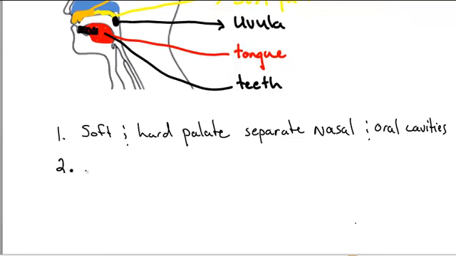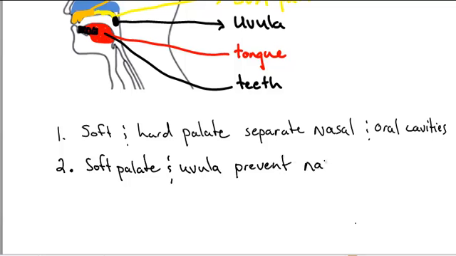The soft palate and uvula actually work together to prevent what's called nasal regurgitation. This is when food, pop, that type of thing comes up out of your nose.